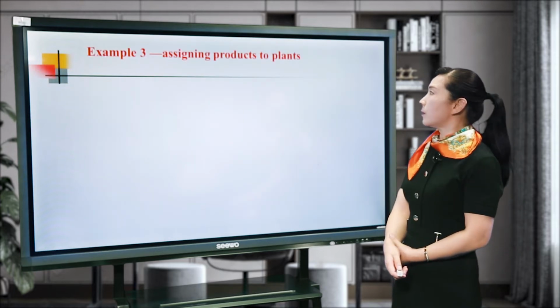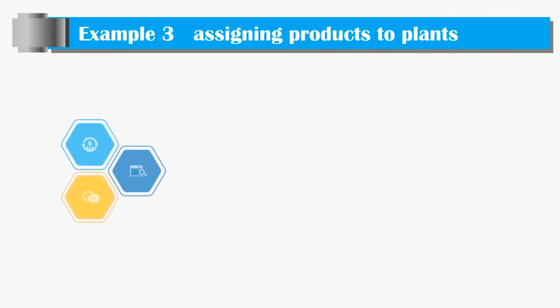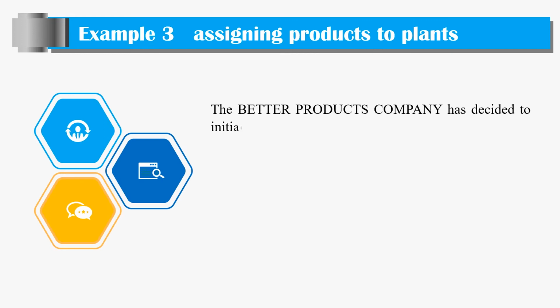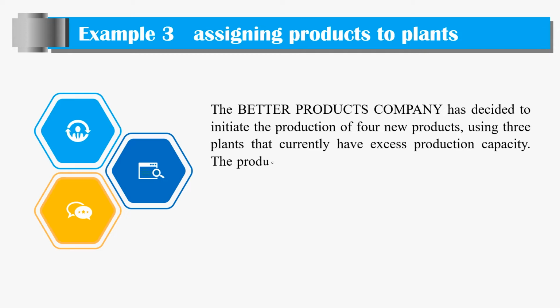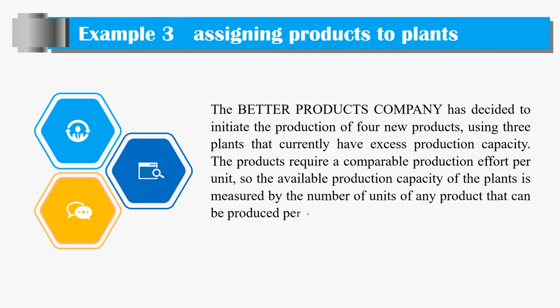Now we introduce example 3, assigning products to plants. The batch product company has decided to initiate production of 4 new products using 3 plants that currently have excess production capacity. The products require a comparable production effort per unit, so the available production capacity of the plants is measured by the number of units of any product that can be produced per day.